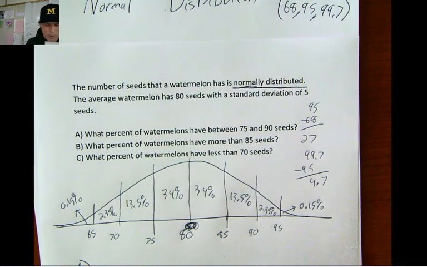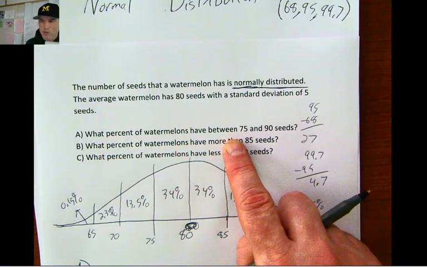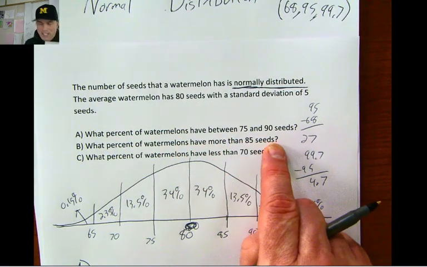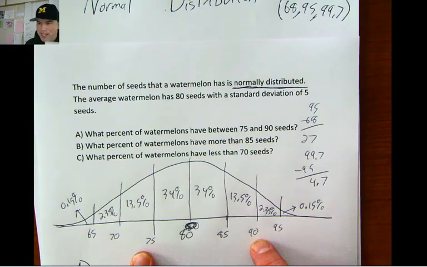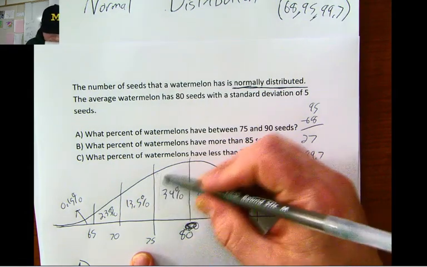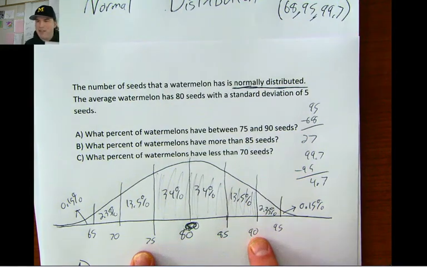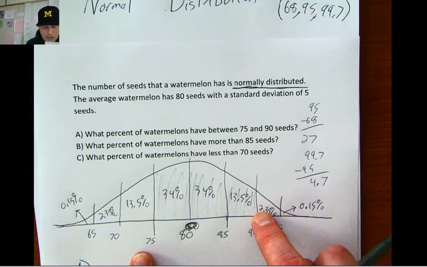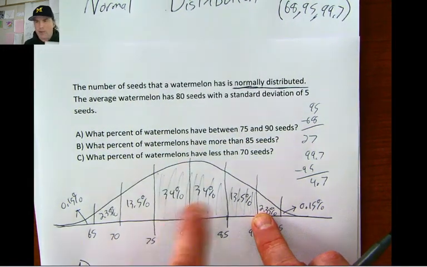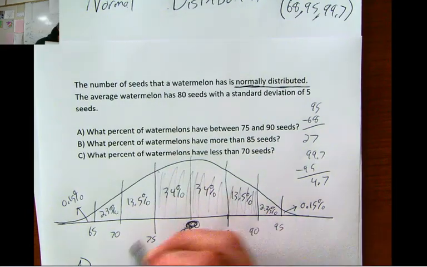Part A. What percent of watermelons have between 75 and 90 seeds? So you find 75, you find 90, and it essentially means that if you shaded between 75 to 90, how much is shaded? Well, it's 34%, 34%, and 13.5%.